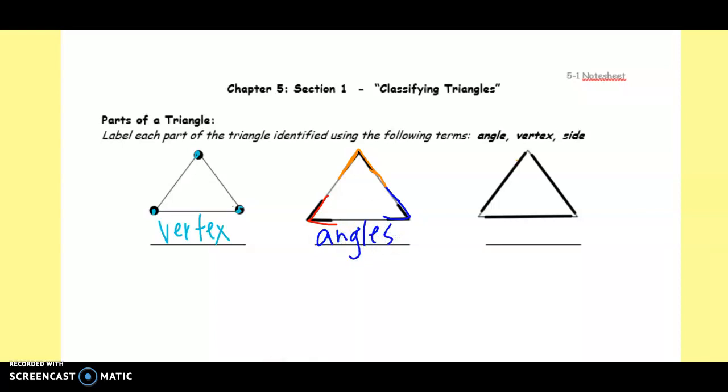And then all the other space, the sides, there's really no other word to say it, those would be the sides of our triangle. So if I'm talking about the vertex, I'm talking about just the corners. If I'm talking about the angles, I'm talking about the actual V shapes. And if I'm looking at just the sides, I'm referring to just the sides, not the angles or vertex.